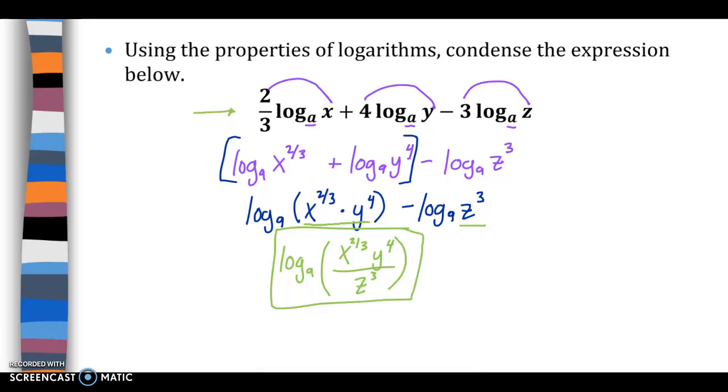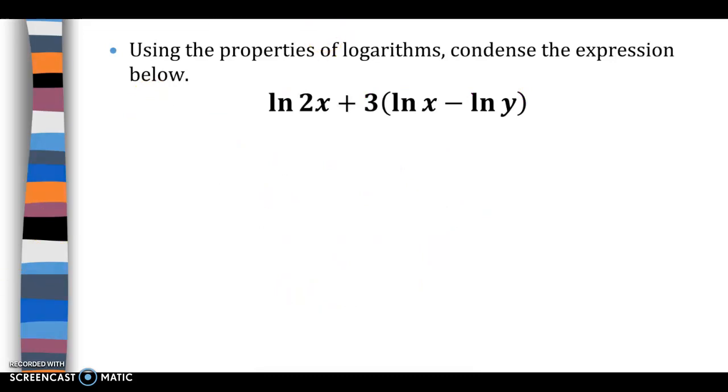Let's do one more example. So here we have another example. The natural log of 2x plus 3 times the natural log of x minus the natural log of y. Remember, what is the natural log? The natural log of x is log base e of x. So that means each of our bases is the same, so that we can now use the properties of logs to condense.